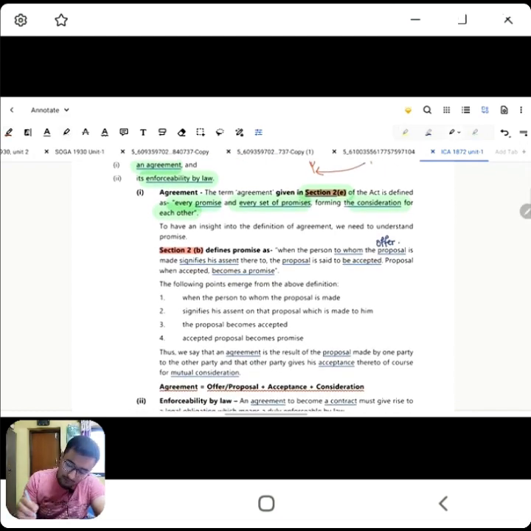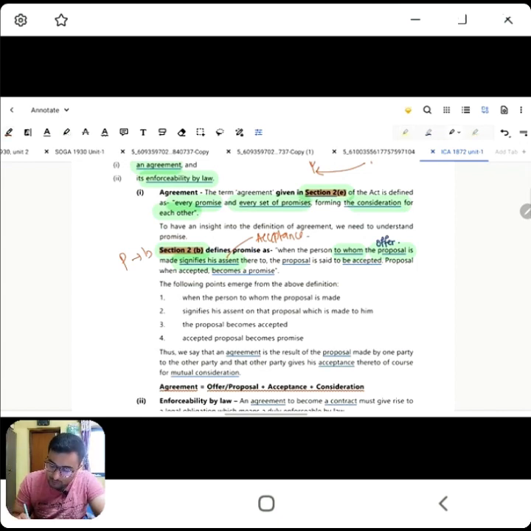Now, what is a promise? Promise, P inverted is B, right? So 2 clause b: promise stands for when the person to whom the proposal, that means the offer, is made, signifies his assent. What is the meaning of assent? Assent means acceptance. Please keep making these notings in your book.